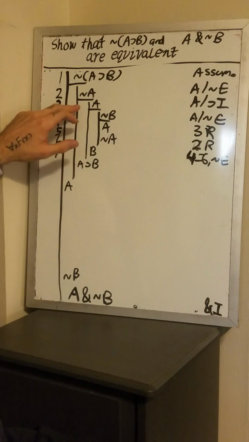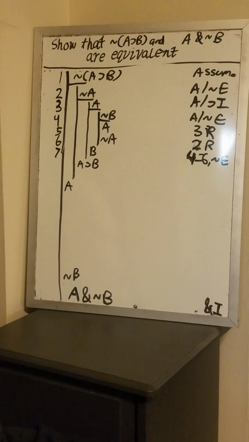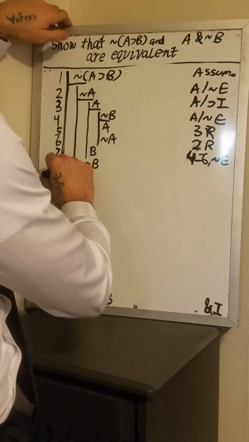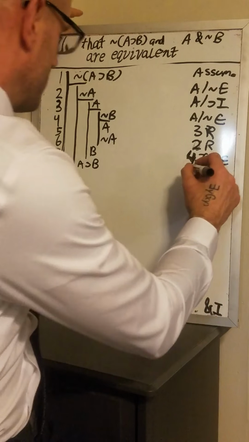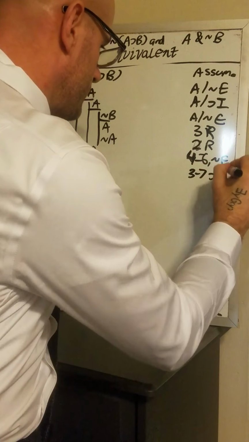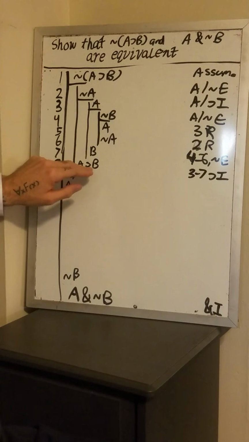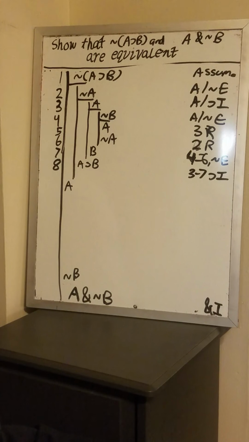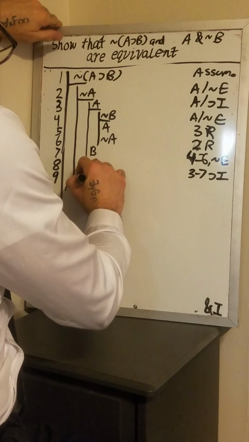So on line 8, we've shown if we assume A, then B follows. So lines 3 to 7, conditional introduction. And now we have if A then B, we can reiterate line 1 in there to show our contradiction.